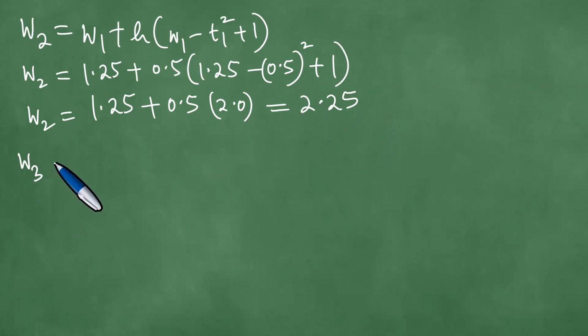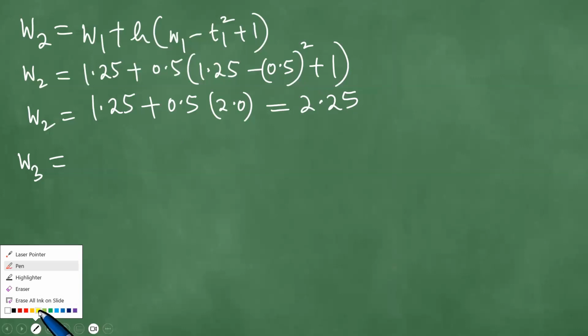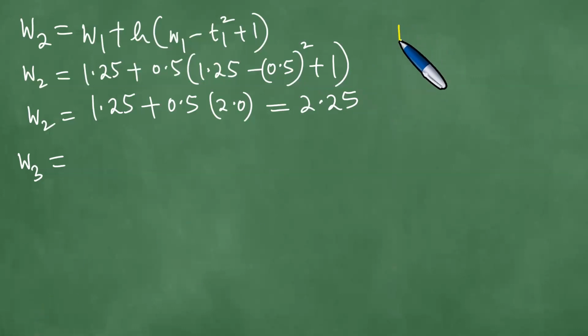So let's look at W3. What is W3? Obviously we remember the formula that we're using: W(i+1) is always W(i) plus h times the derivative, or the differential equation that we put here.